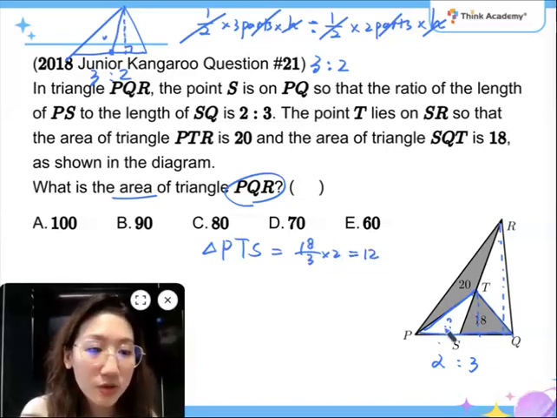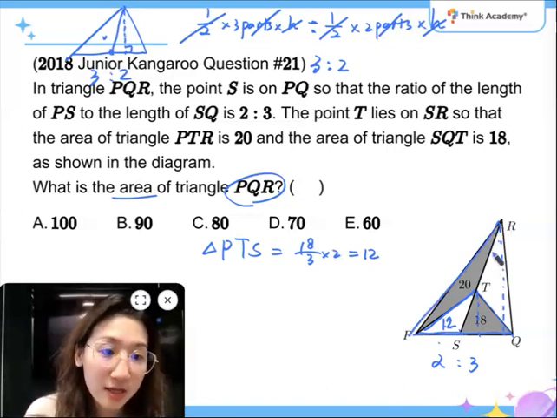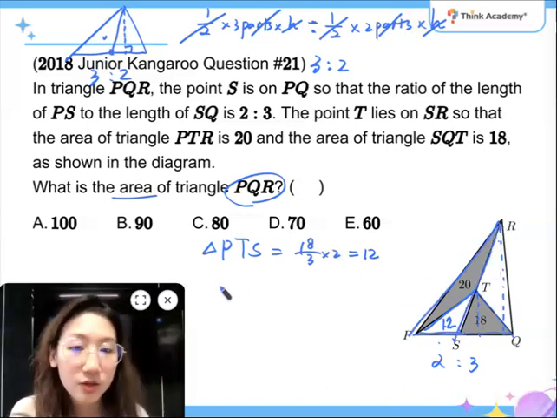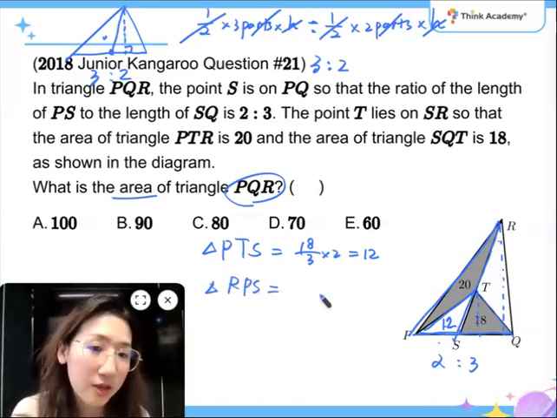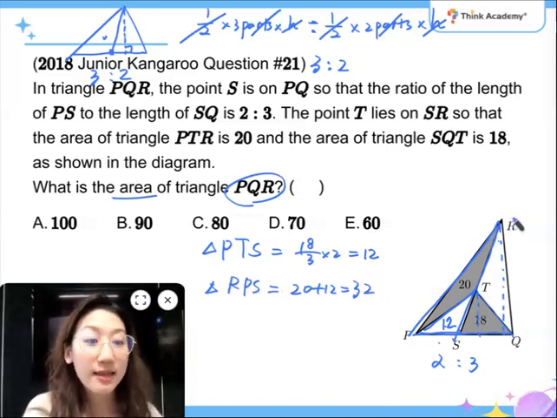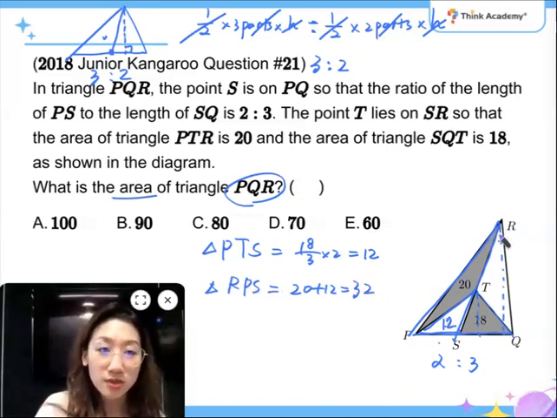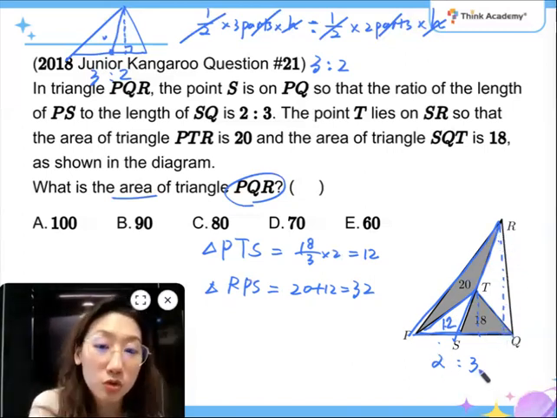Okay, so once you know this is 12, you have some information about the top left triangle. The area of the triangle RPS would then be the sum of 20 and 12, and that would be 32. Now, if you look at the taller triangles, they have the same height, therefore the ratio of this area to this area is equal to 2 to 3 as well.